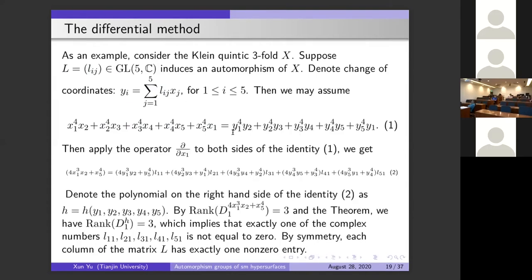And then you apply the partial derivative with respect to x1 to both sides. Of course, by the chain rule, you have this identity. On the left-hand side, you just take the partial derivative. On the right-hand side, by the chain rule, you get this long polynomial in variables y.